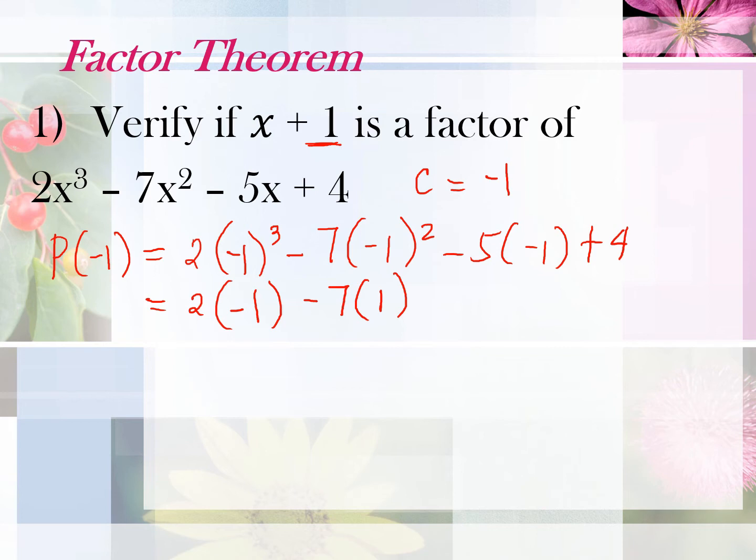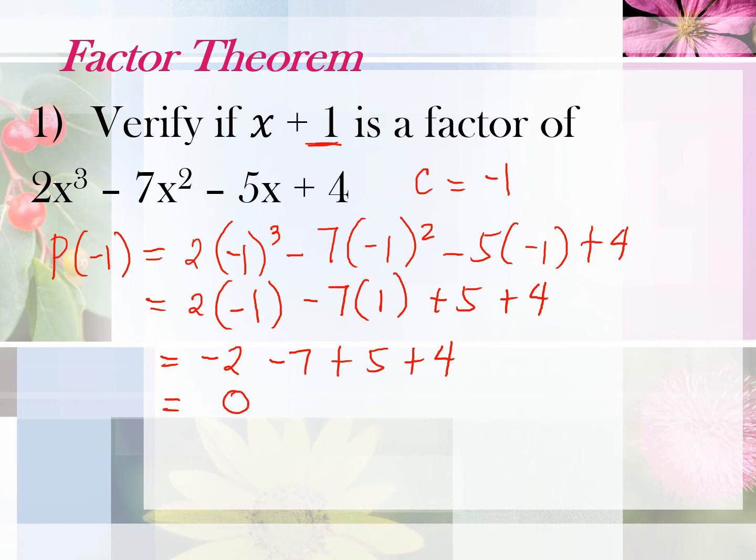Then, negative 5 times negative 1, that is positive 5 plus 4. Then, simplify. 2 times negative 1 is negative 2. Negative 7 times 1 is negative 7. Then, bring down natin yung plus 5 at saka plus 4. And then, simplify natin from left to right. Negative 2 minus 7 is negative 9 plus 5 is negative 4 plus 4, that is equal to 0.